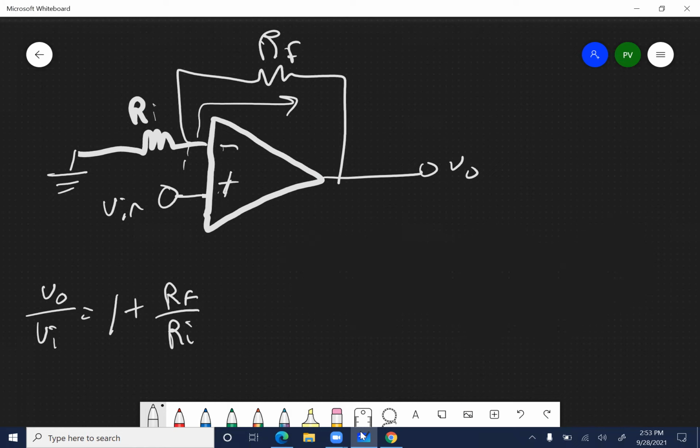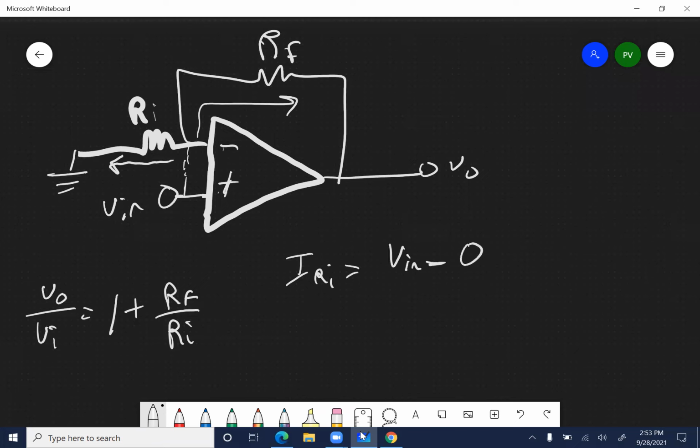As long as your op amp isn't saturated, you're going to get that terminal here. So what that tells me is the current is going to go in this direction because that's assumed to be at a higher potential than ground. So my current through IRN is going to be equal to V in minus 0 divided by RN.